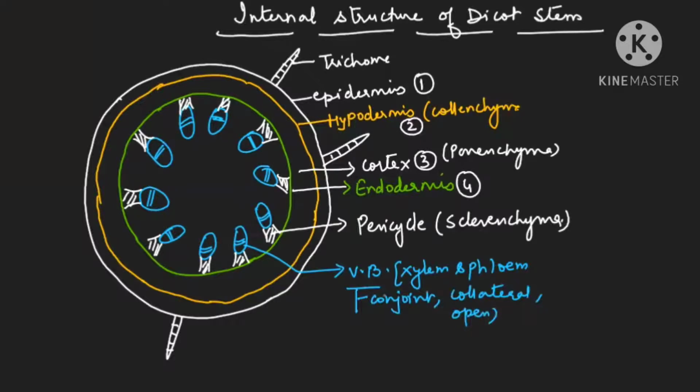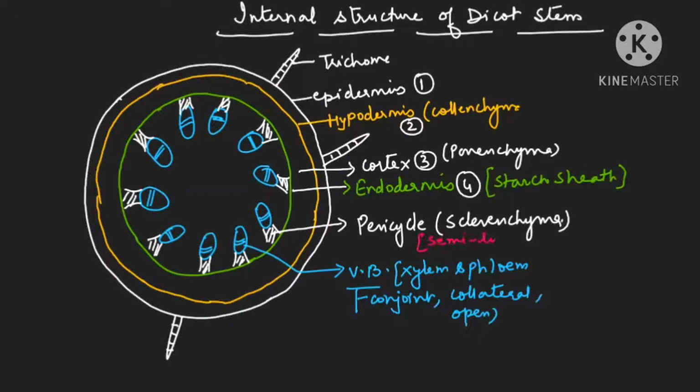Now, one important point. In case of the dicot stem, endodermis will store starch, so we say it is a starch sheath. Pericycle is present as sclerenchymatous only on top of the vascular bundle, so we say semilunar patches.